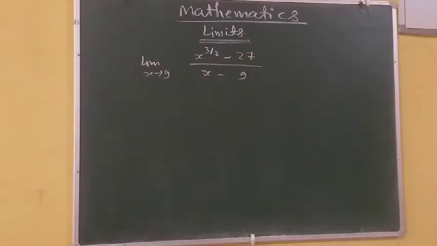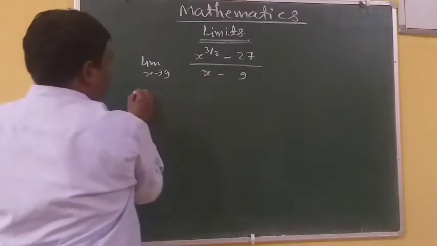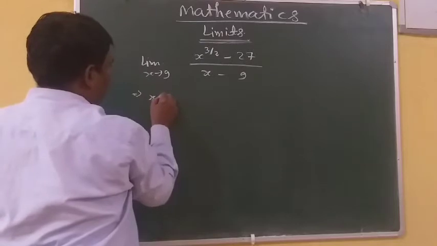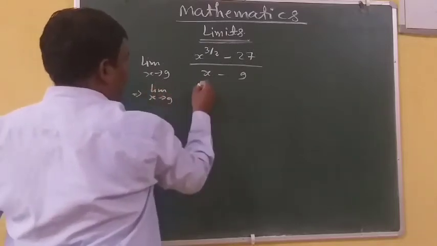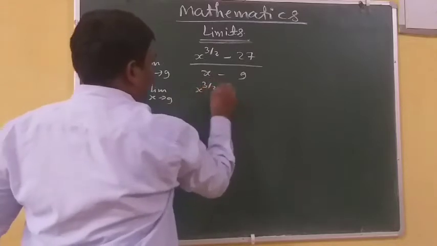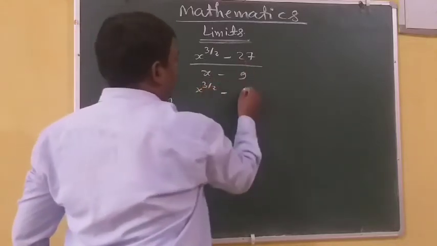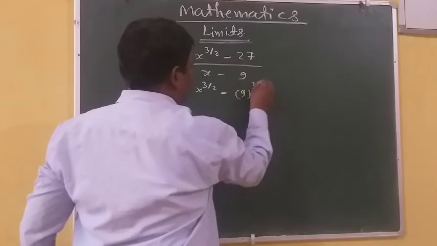See how can you write? Here, limit x tends to 9, this x power 3 by 2 minus this 27. Can you write 27 as 9 power 3 by 2?